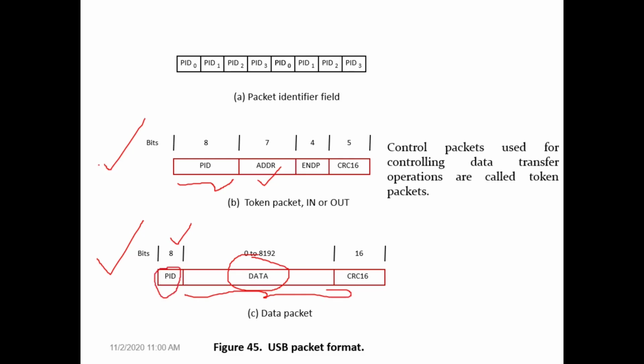Then every packet comes with a CRC, cyclic redundancy check, which is used to confirm that whatever information was in the packet at the source should not be modified when it reaches the destination. For various reasons, when a packet is sent from source to destination, the bits inside the packet should not be modified.